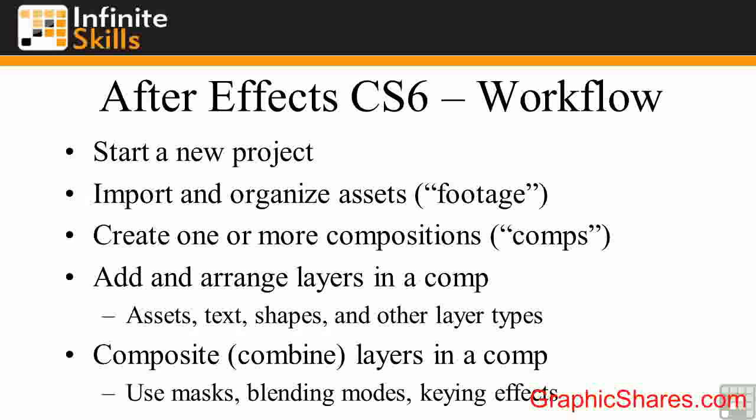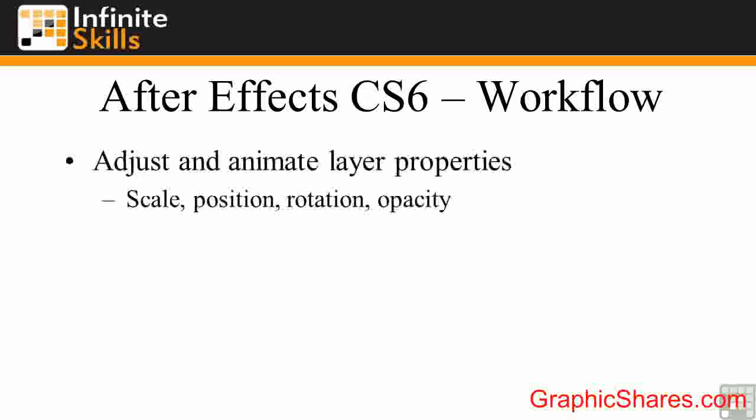Inside the comp, you can sometimes combine layers. Now, let's say you've got a text file, and that's residing on top of a video file. So you can see the underlying video layer below the text layer without any problem at all. You don't have to do anything to sort of combine them. But some layers need to be combined in some way that you can see the two layers together. And to do that, you use masks or blending modes or keying effects. Then you can adjust and animate layer properties.